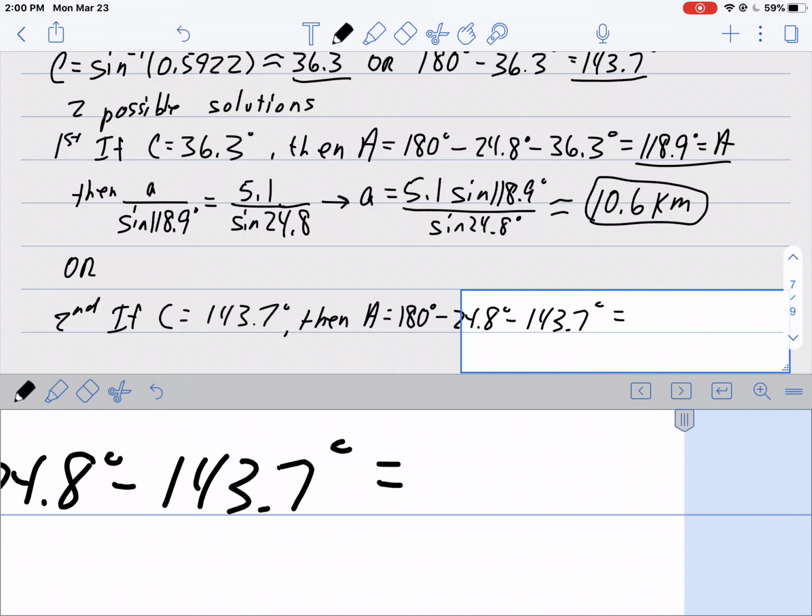And that would give us an angle A of 11.5 degrees, approximately.